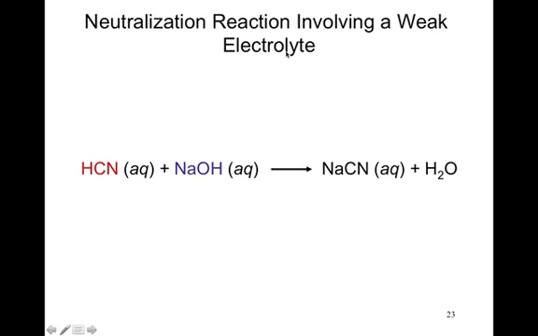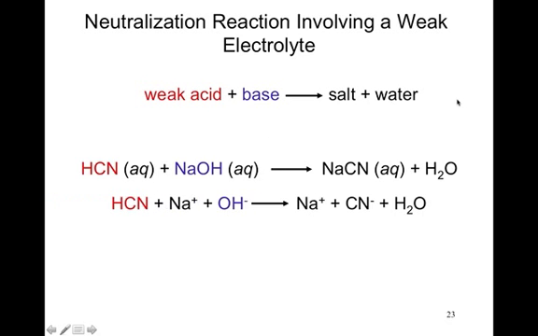Next, a neutralization reaction with a weak electrolyte. So here's HCN, NaOH, and we're making NaCN and water. A weak acid plus a base will still give us a salt and a water. Here they've split the sodium hydroxide into its individual ions because it's strong, but a weak acid, by definition, is less likely to give up the hydrogen, as opposed to a really strong acid like hydrochloric, which readily gives up its hydrogen.